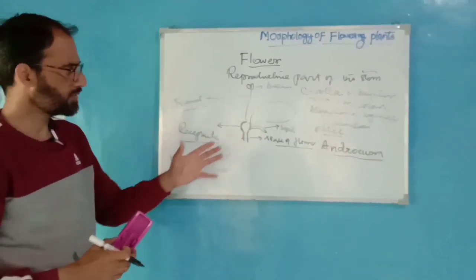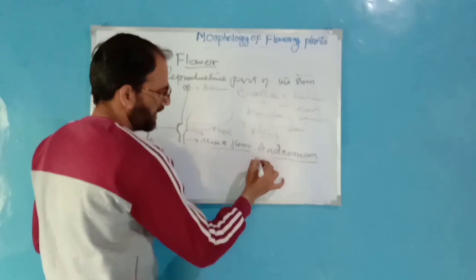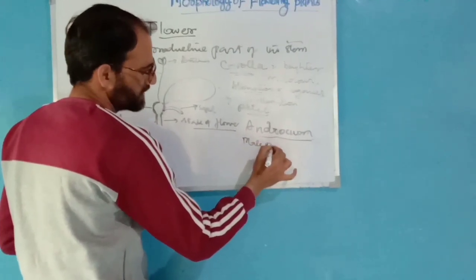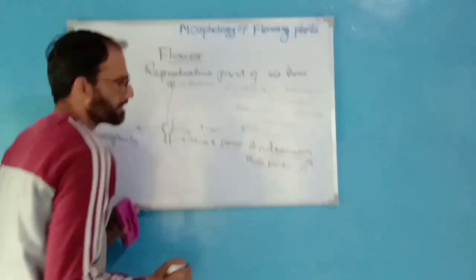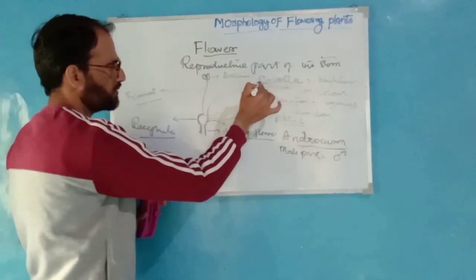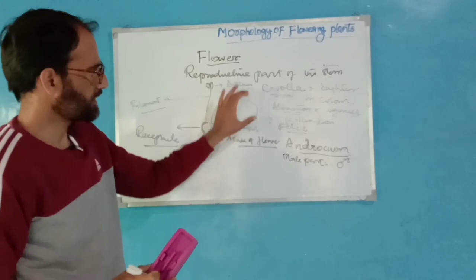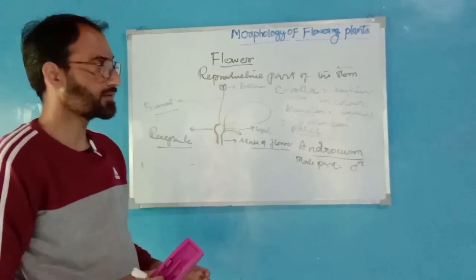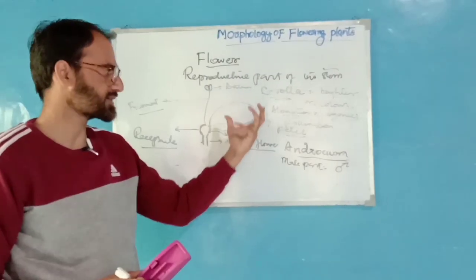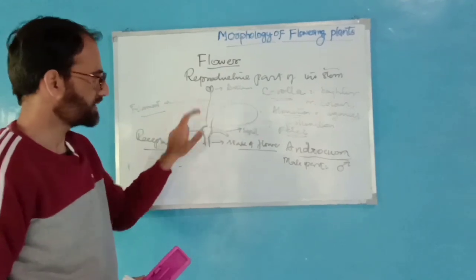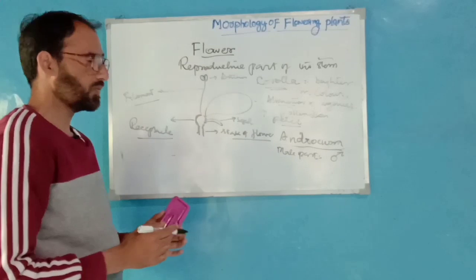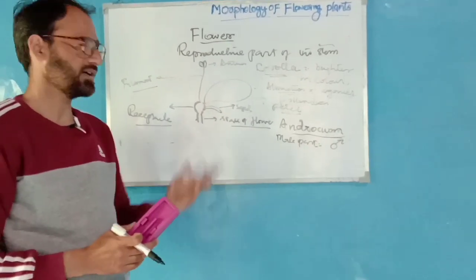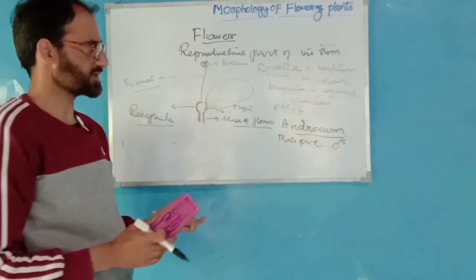So androecium is the male part. These two, corolla and calyx, are called as non-essential parts of the flower, whereas this androecium is the essential part of the flower. Why is this essential? It helps in the reproduction.